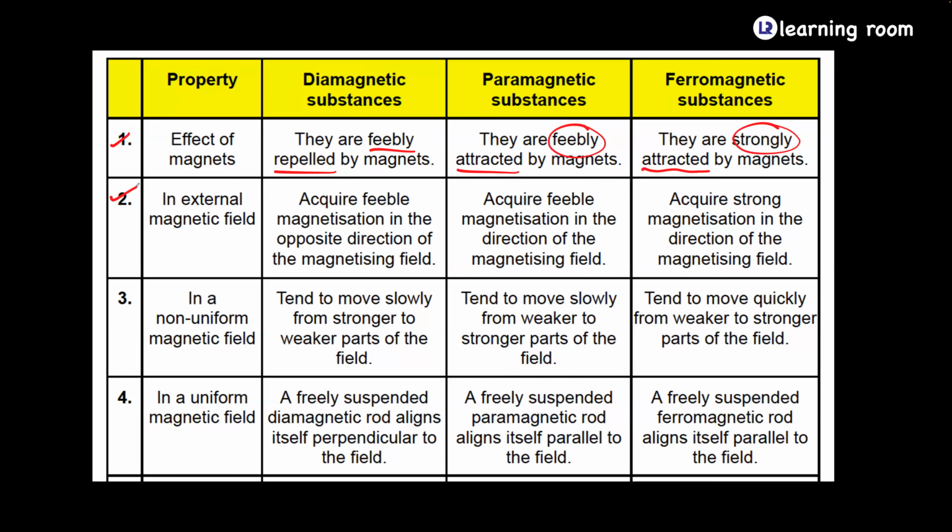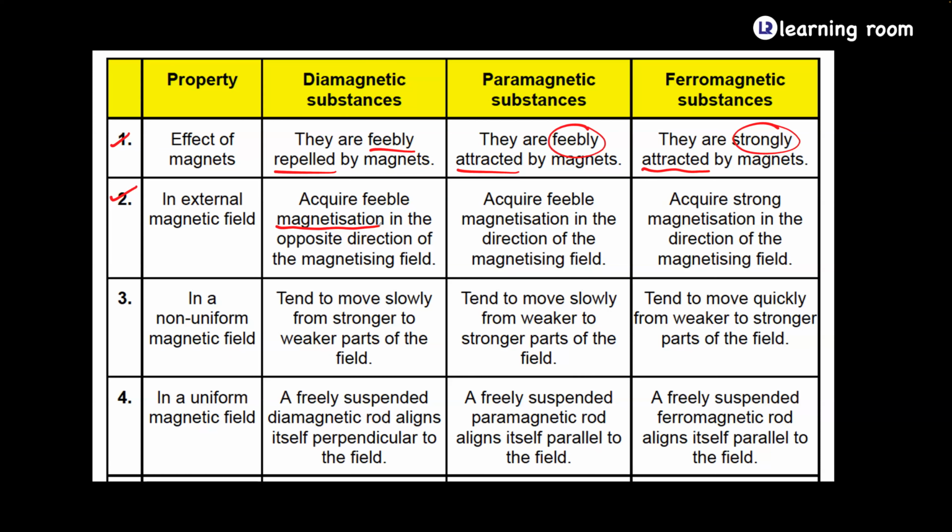Right. Second, in an external magnetic field. When I say effect of magnets, here we are talking about permanent magnets. When we say external magnetic field, it can be anything, right? So what will happen to a diamagnetic substance? It will acquire magnetization, but in the direction opposite to the external magnetic field because it is trying to nullify the effect.